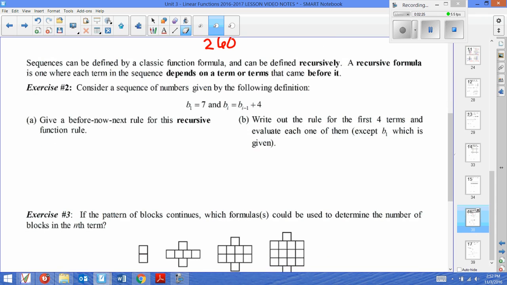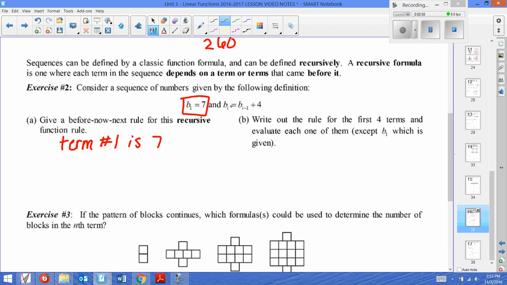Let's step this up a little bit further. So exercise 2 wants us to consider a sequence given the following information. They told us this here, B sub 1 is 7. All right, so what does that mean? So the first term is 7. So term number 1 is 7.